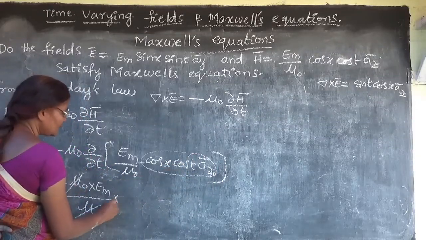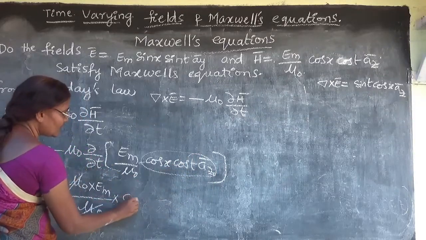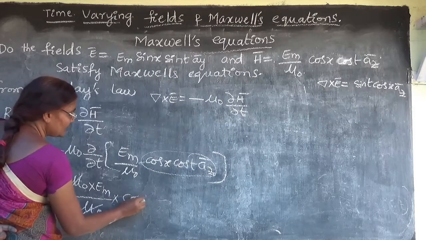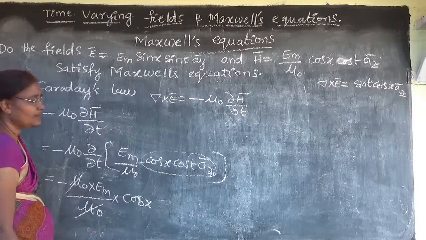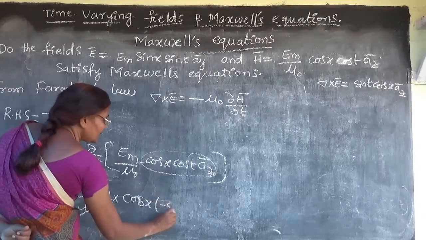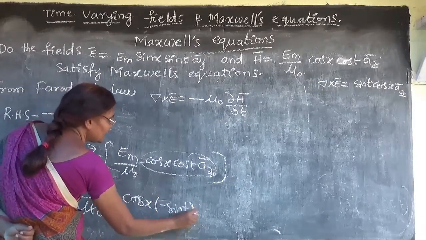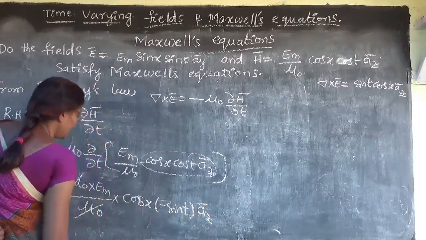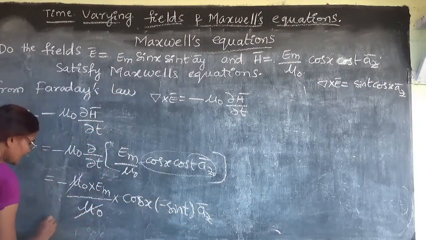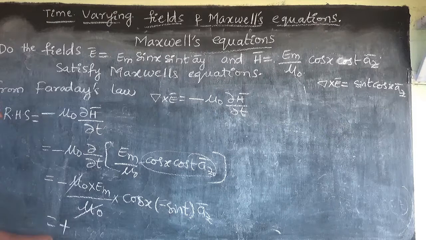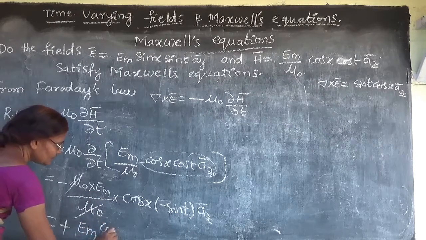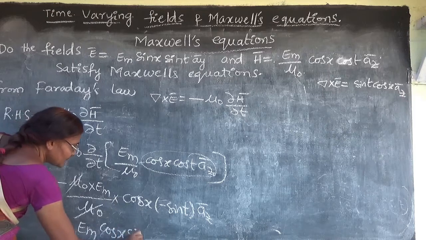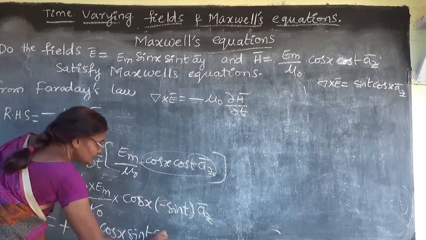So with respect to t చేసినప్పుడు cos x will be constant. What is the differentiation of cos t? Is equal to minus sin t. So minus into minus plus, and Em cos x sin t.